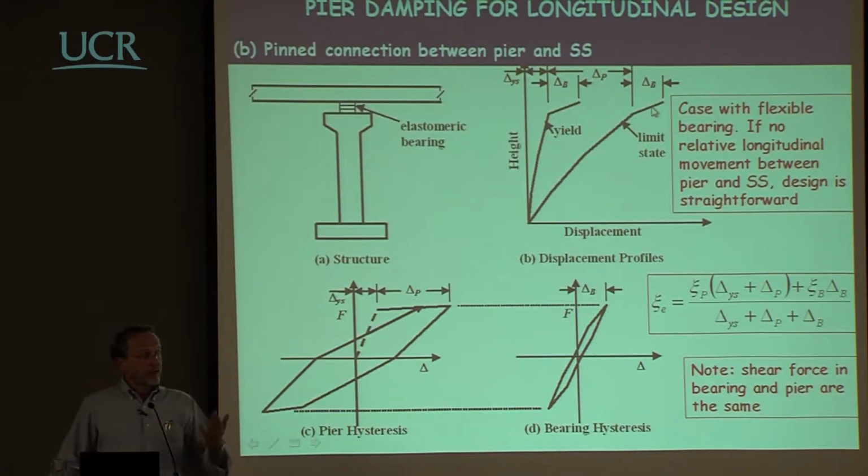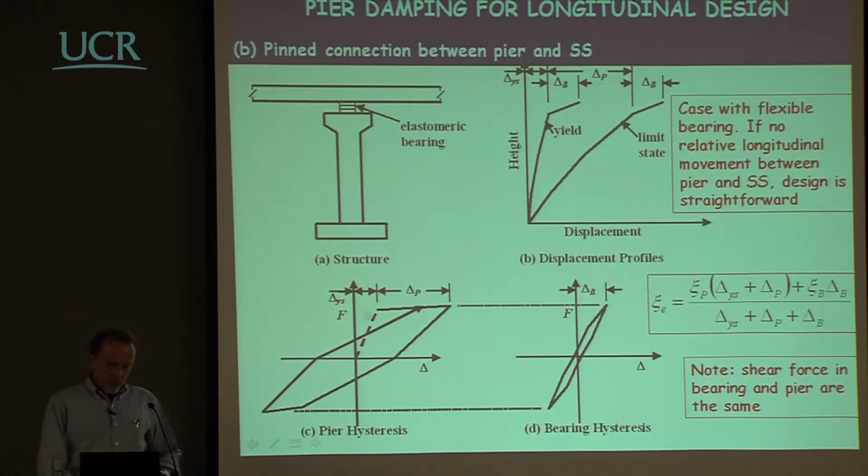Why does it remain the same? Because the pier is going to yield. When the pier yields, the force is not growing anymore, and therefore you cannot have at the same time a plasticization in the pier and in the isolator. You can have only one of them if you accept, as it is rational to accept, that the same force is passing through the elements.